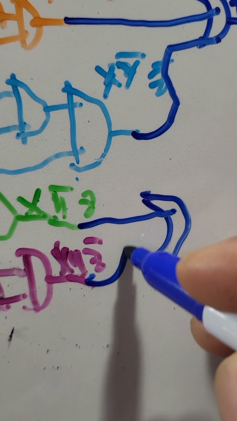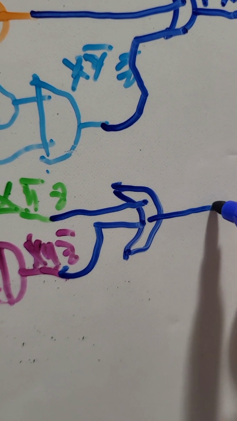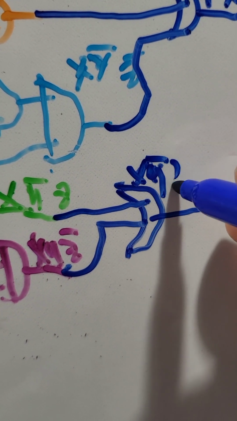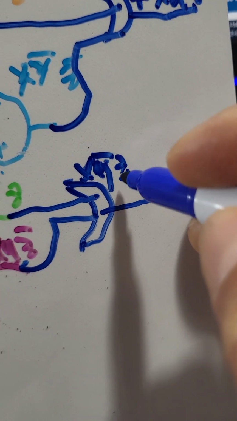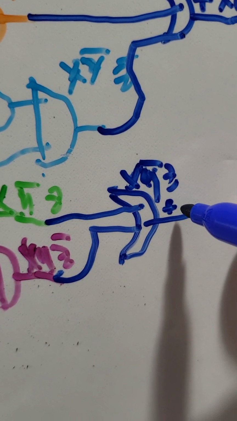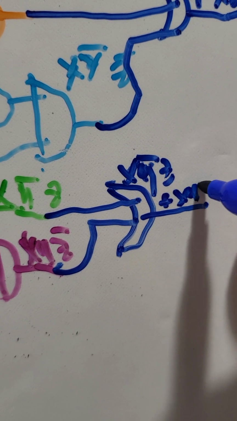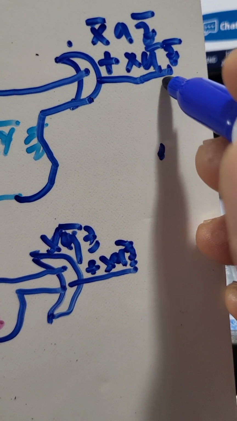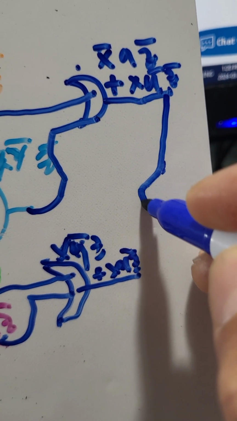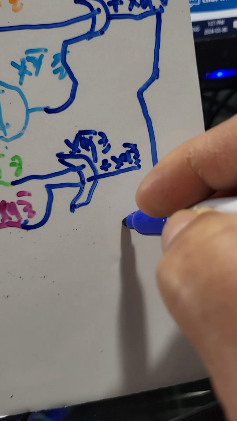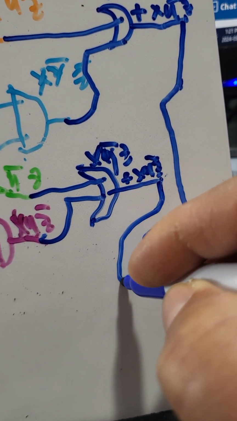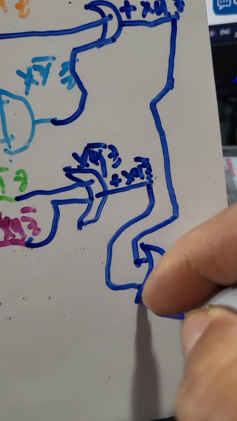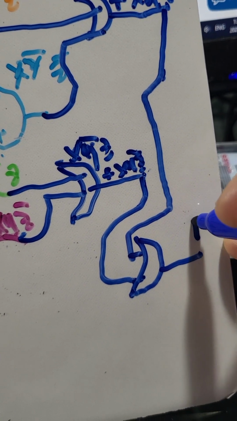Connect, and this finally is x y bar z plus x y z bar. Then finally another OR gate, just put in here. Finally, this is our function f.